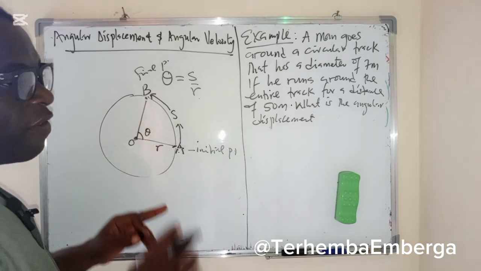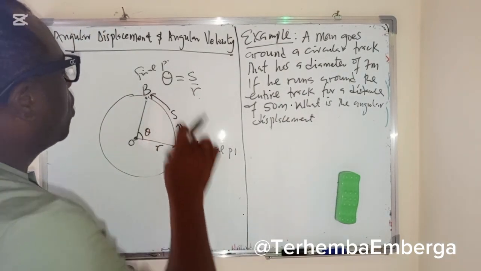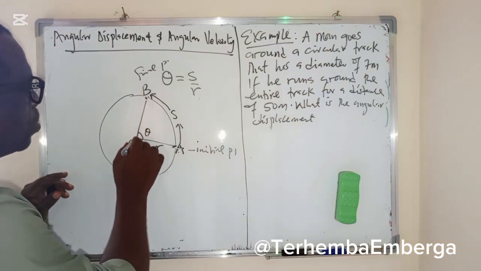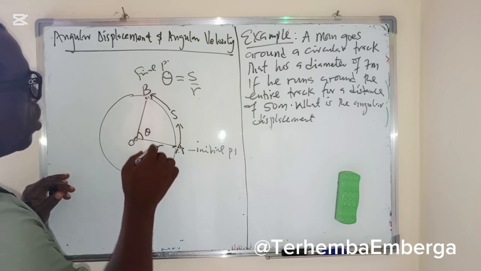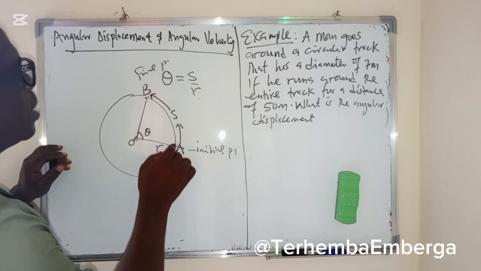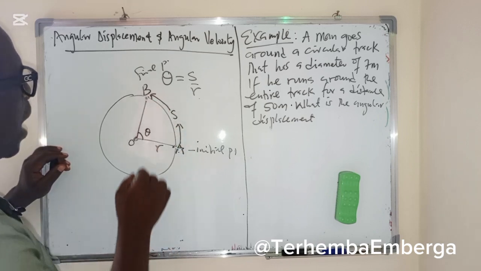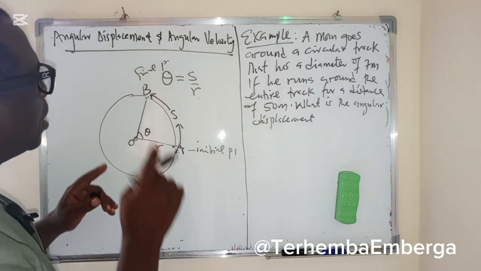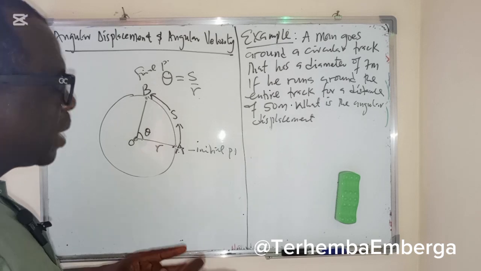A distance is covered between point A and point B, and that distance is called S. Then the radius is called R. And once this movement takes place from point A to point B, an angle is covered. And that is what we mean by angular displacement.